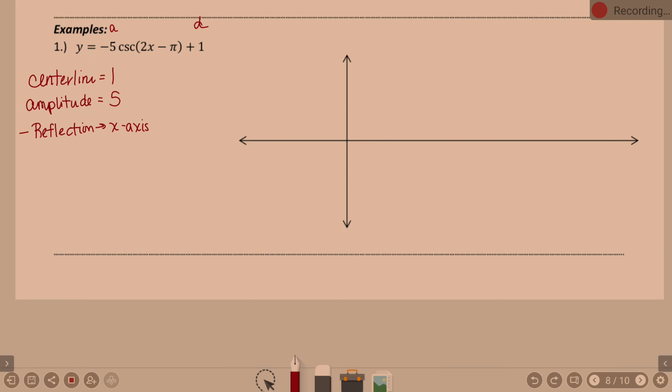Now, at some point we need to discuss, we're graphing cosecant. What do your brains have to connect cosecant to? Sine. A normal sine curve is mountain valley. But what are we doing? We're reflecting, so our sine curve is going to be valley mountain. May look kind of weird, but I'm just trying to give you the visual.